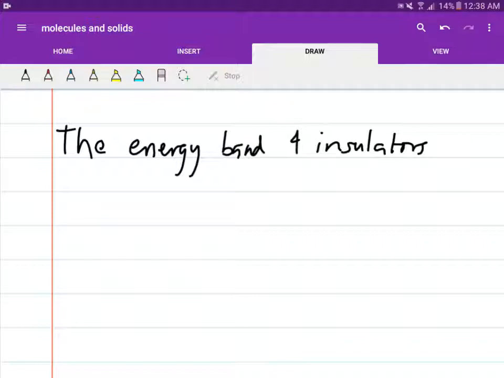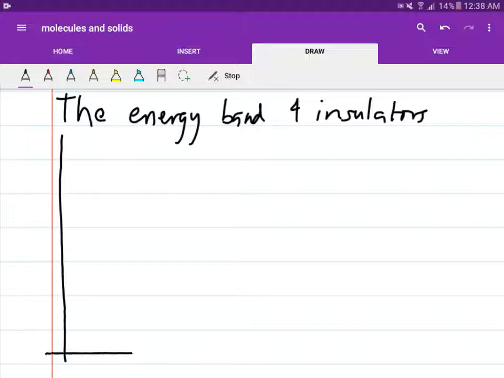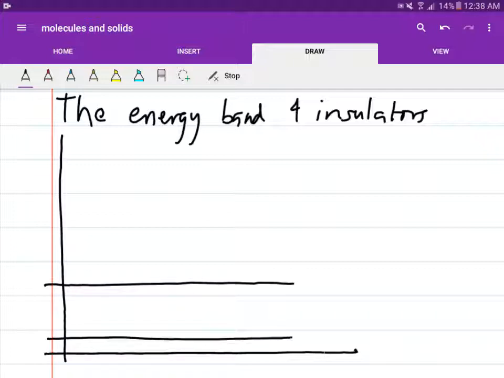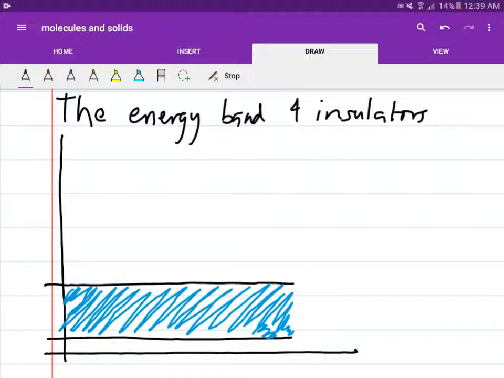For insulators, it looks something like this. So we have an energy band here, and we have another band way beyond here.